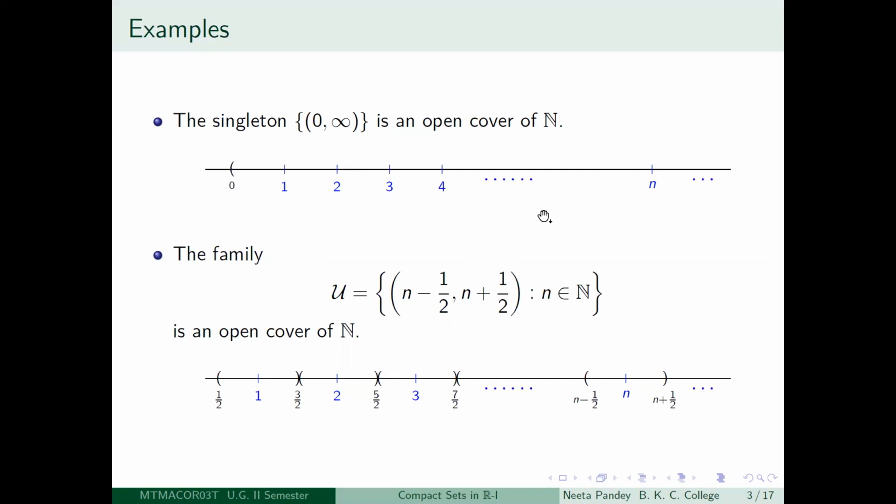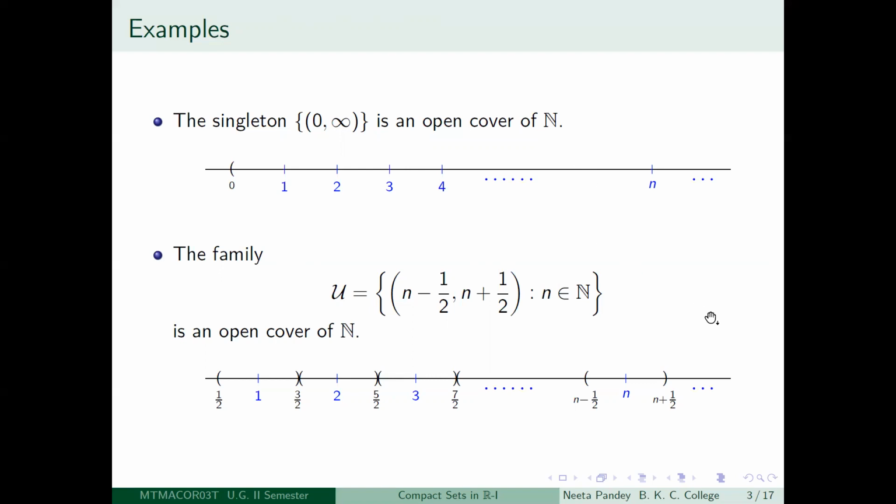They are just 1, 2, 3, 4, etc. These numbers are all greater than 0, so they will all belong to the open interval 0 to infinity. So therefore, since the set of positive integers is a subset of the open interval 0 to infinity, this singleton is an open cover of the set of positive integers. So it is a very trivial example, right?